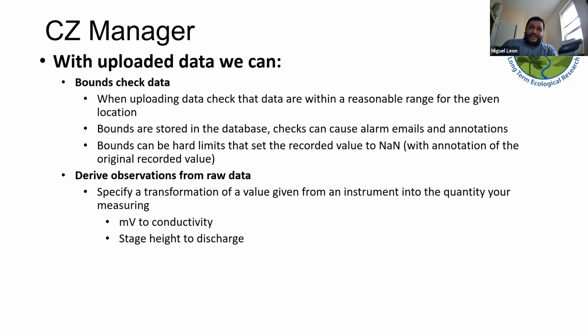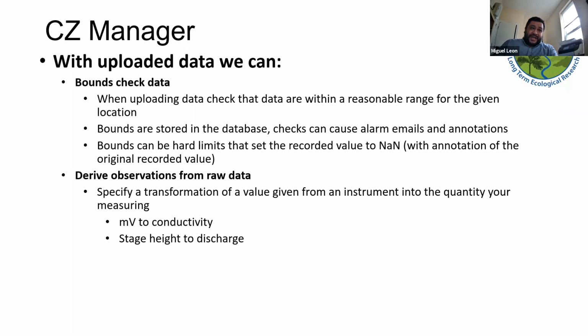If there are soft limits, it's just going to add an annotation saying that the bounds have been exceeded. Or if it's a hard limit, it's going to set the value to null or not a number, but it'll also record the original value with an annotation in the database. So it can still be backed out later.